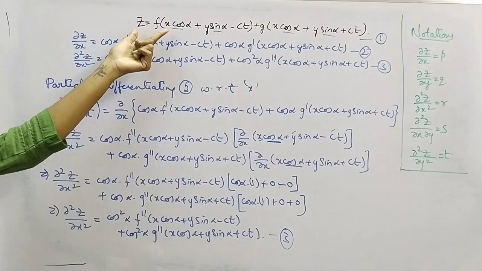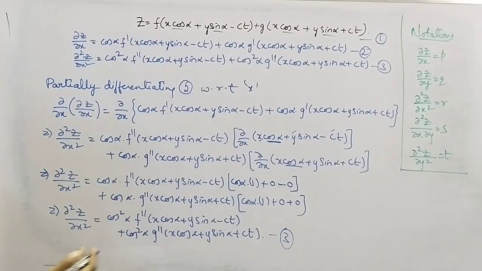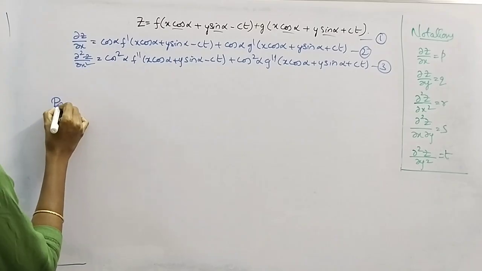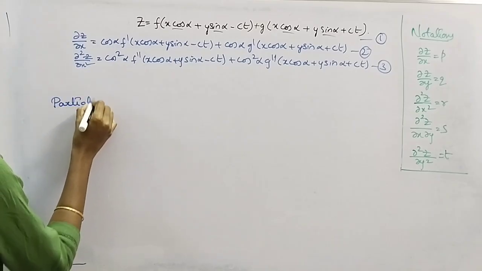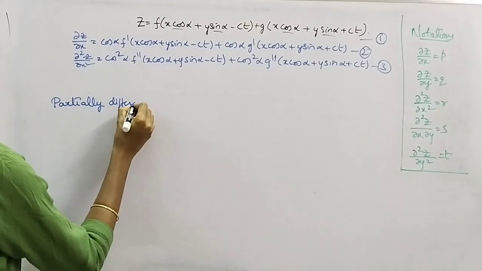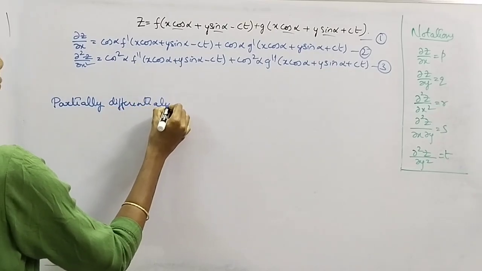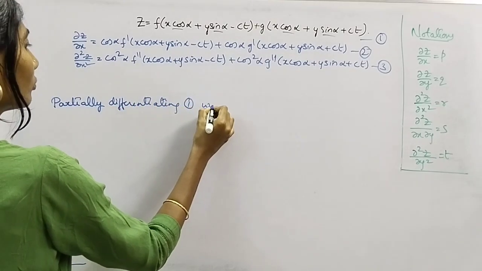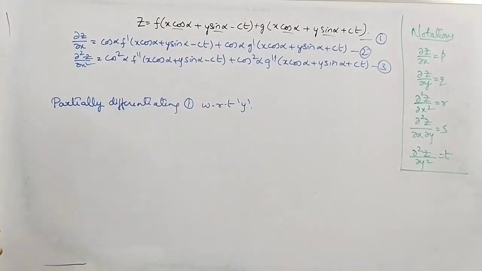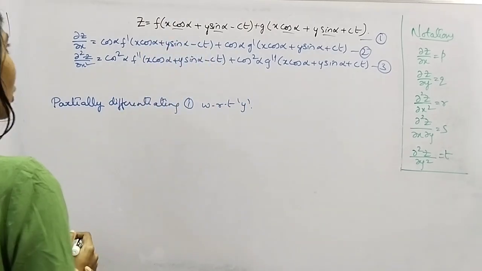Now let's partially differentiate 1 with respect to y. Partially differentiating 1 with respect to y, we'll just apply dou by dou y on both sides of equation 1.